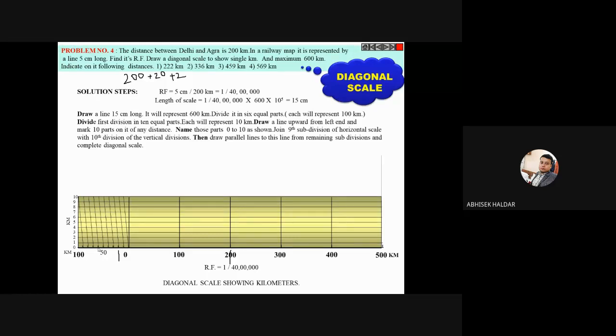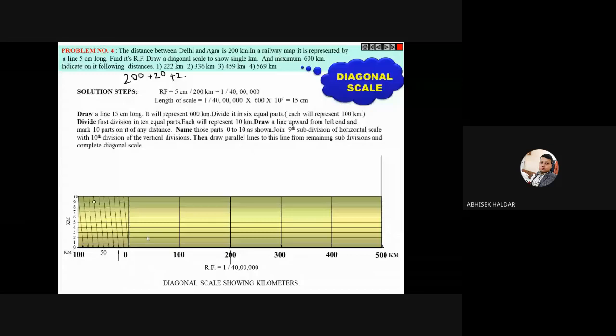And 9. How can I get the 9 kilometer? At this sixth point, you have a diagonal line. At each and every point, you have a diagonal line. So this is my sixth point. Take the diagonal line emerging from that particular point and go up to the ninth point. I'm repeating this step.